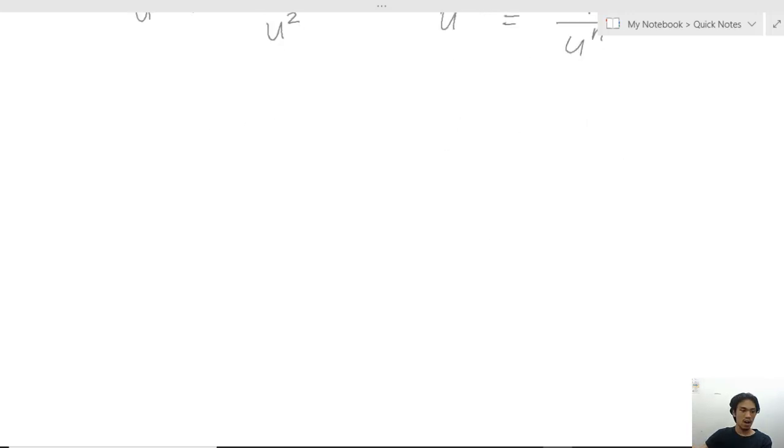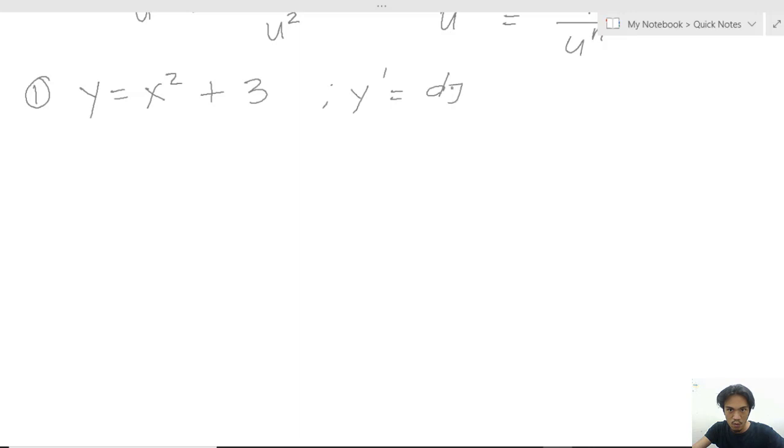Let us now have some examples. So, number 1, y is equal to x squared plus 3. Let us find y prime, or the derivative of y with respect to x.